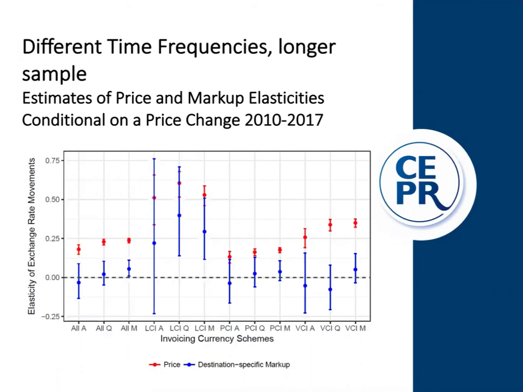In contrast, when more of a country's trade is being invoiced in the producer currency, then you're going to have more exchange rate pass-through into import prices, and this can lead to higher inflation. So I'll stop there, and thanks everyone for listening.